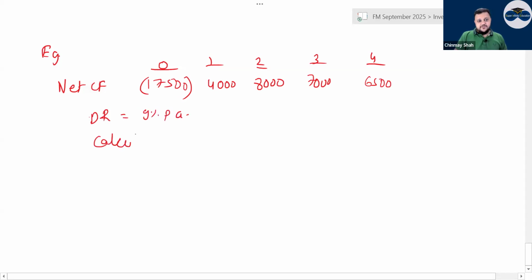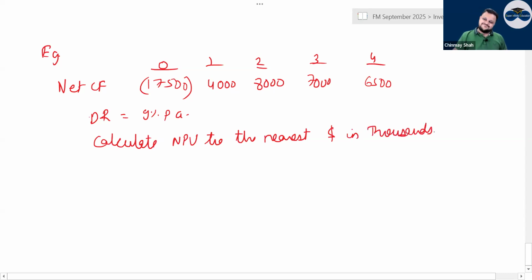Right, now write down properly. Calculate NPV to the nearest dollar in thousands. Something challenging is coming your way.